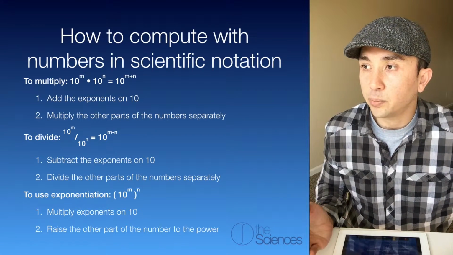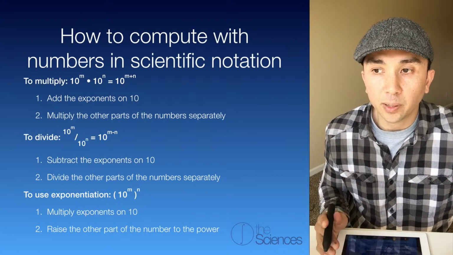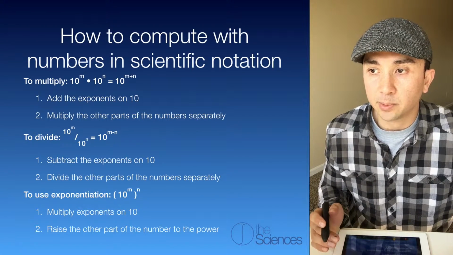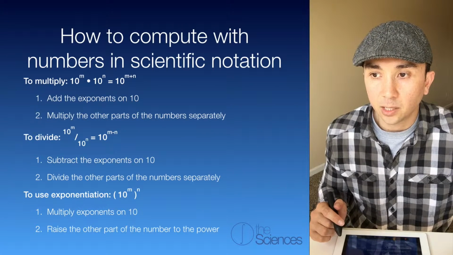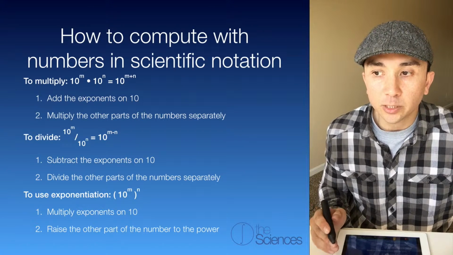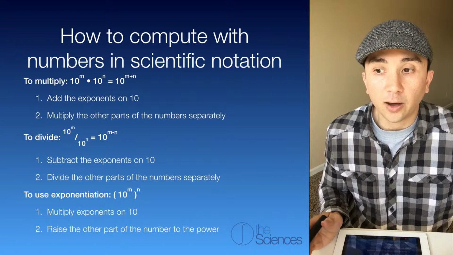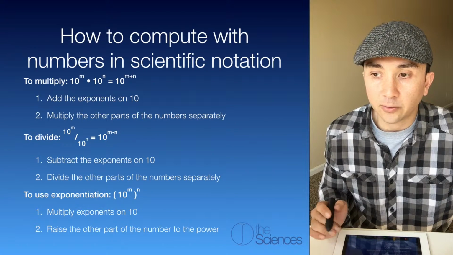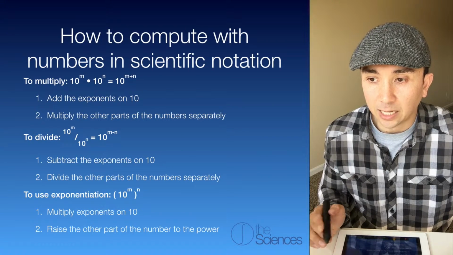Now here's how to compute with numbers in scientific notation. To multiply 10 to the m times 10 to the n, that is 10 to the m plus n. You're going to add the exponents on the 10, then you're going to multiply the other parts of the numbers separately. To divide 10 to the m divided by 10 to the n, well, that's 10 to the m minus n.